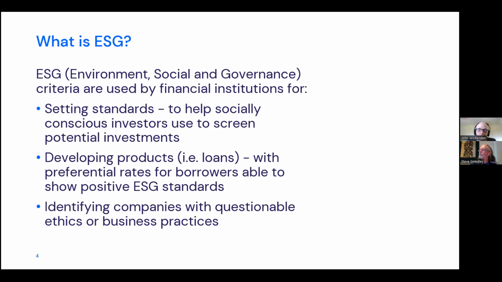There's no questionable practices going on in terms of the board and the executive and the relationships there. So the whole idea is that financial products can be given at preferential rates where a loan applicant shows these kind of good ESG credentials.